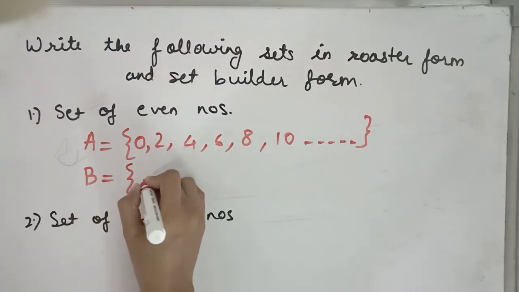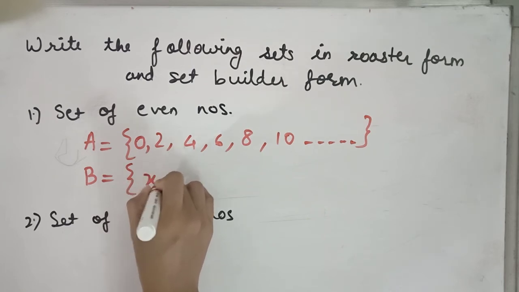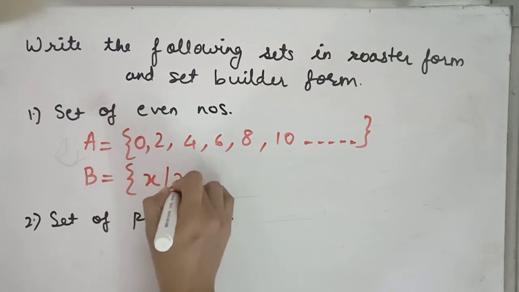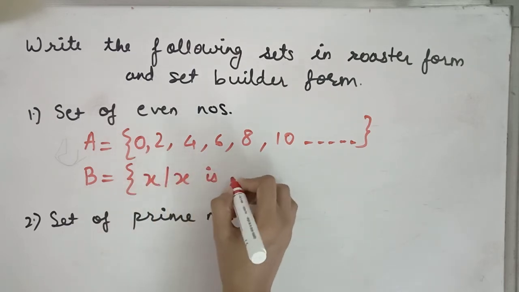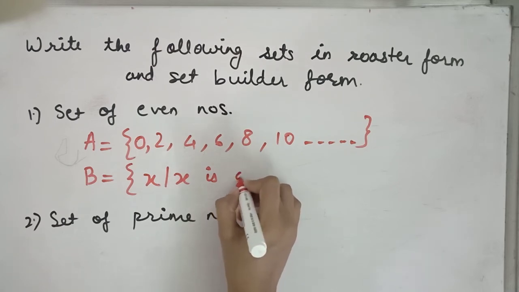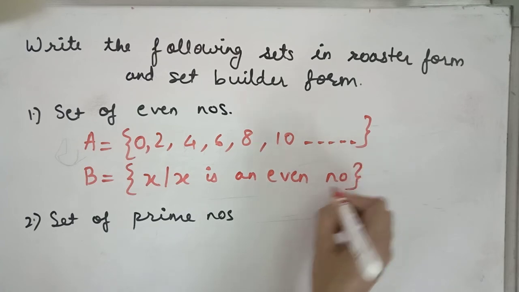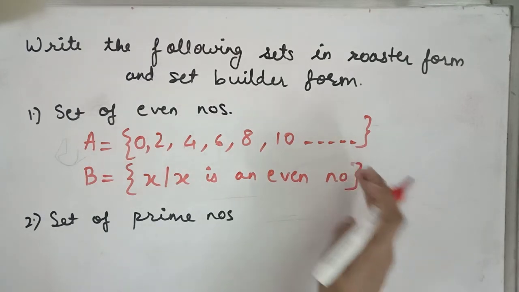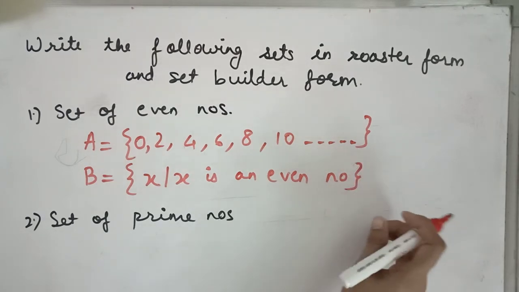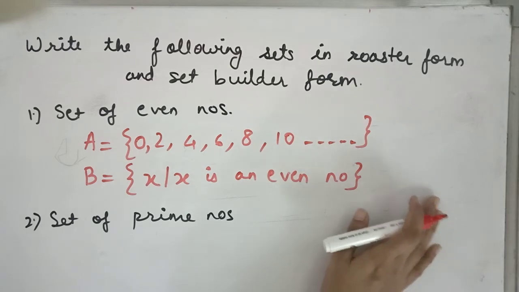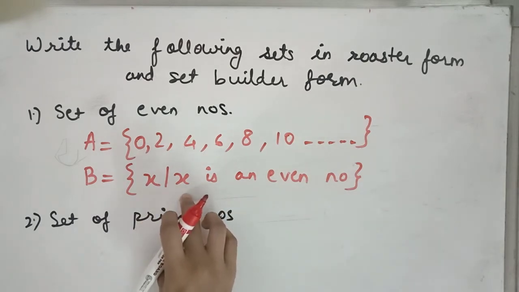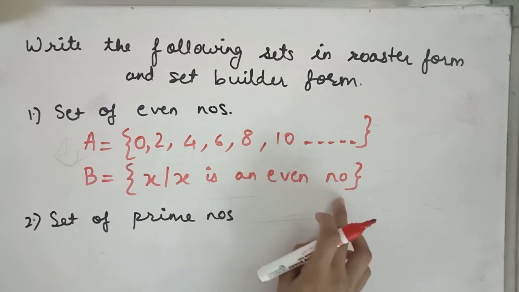Let's take the variable B for representing it. So B is the set of x such that x is an even number. There's no condition or limit given over here, so we don't have to add anything. Just write x such that x is an even number.